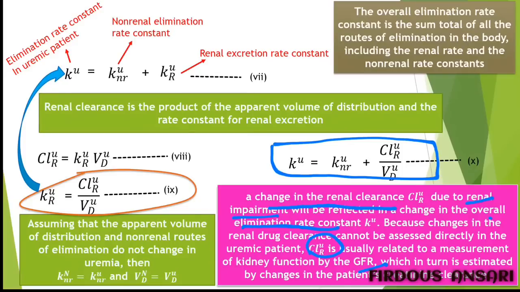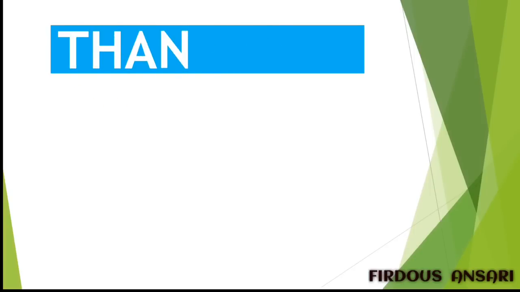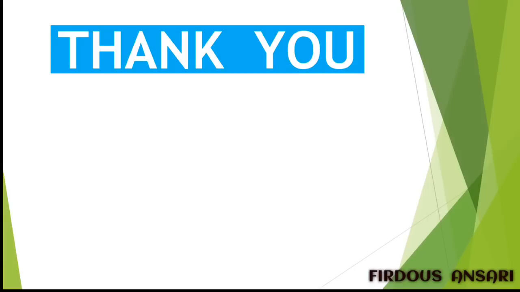By these two methods we can calculate the dosing regimen or dosing adjustment that can be done for a renal impaired patient. So this was all about the general approach of dosage adjustment that can be done in a renal impaired patient.